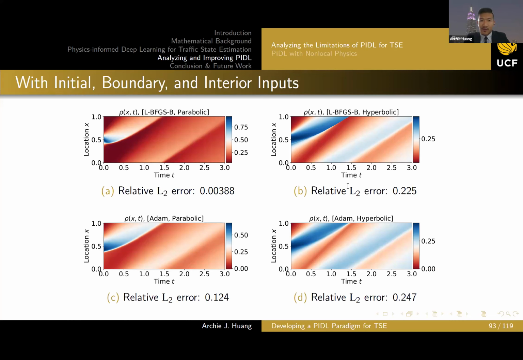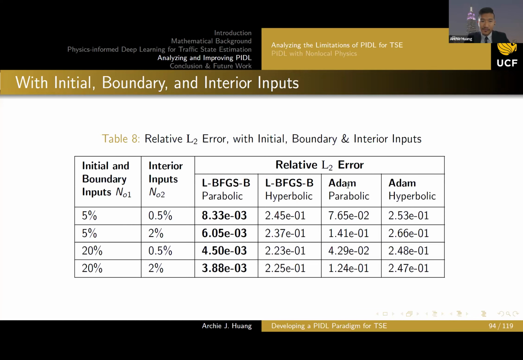This further strengthens our conclusion that the limitations we observe with the hyperbolic LWR PDE are valid, and that the parabolic version has an evident advantage in helping PIDL understand this traffic state data.